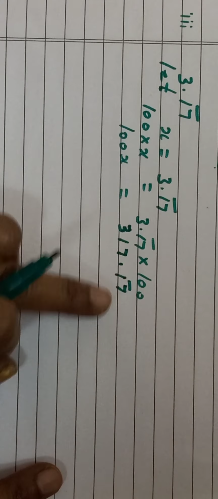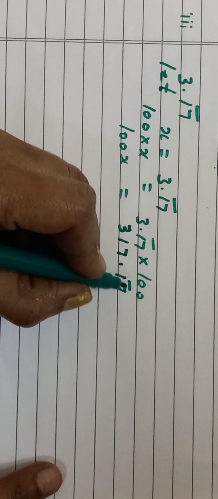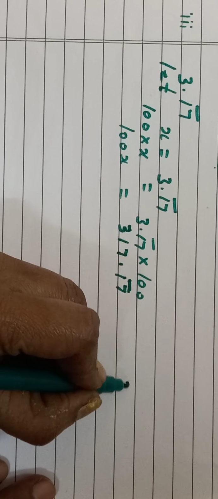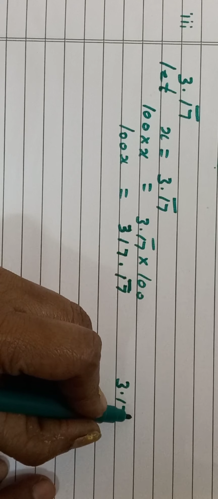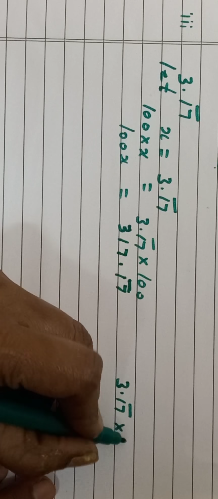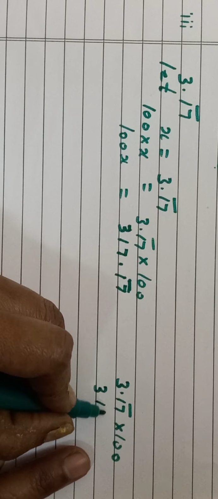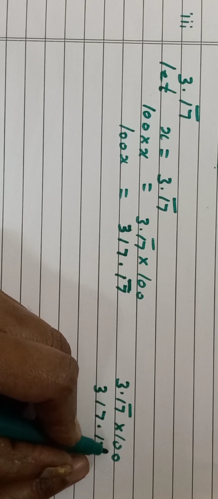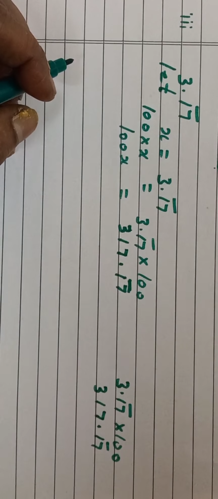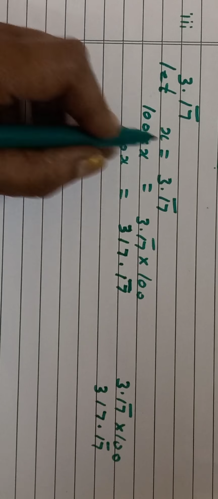I hope you have understood this multiplication part. There is no need to do it separately. The 3.17 bar into 100, the decimal point will shift and you will get the answer 317.17 bar.